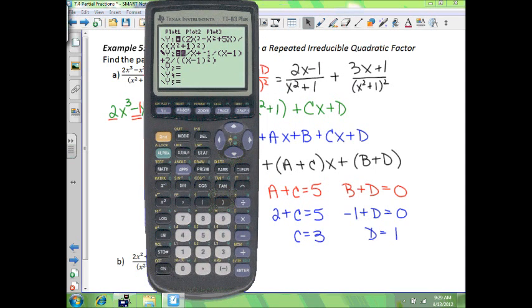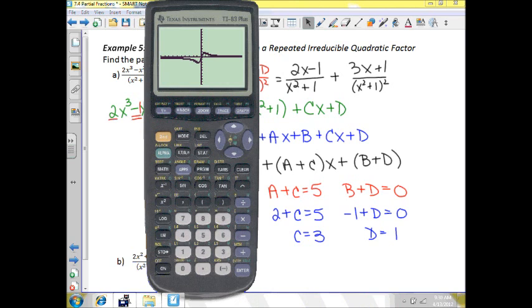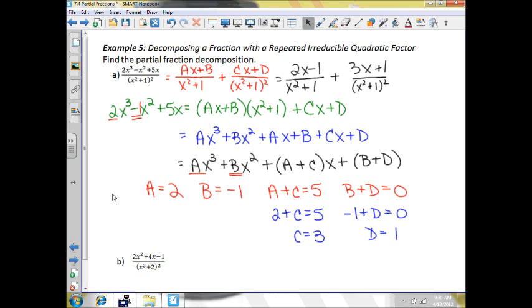Now our second equation, we'll have 2x minus 1 divided by x squared plus 1 plus 3x plus 1. This should work out. There you have it. Those two equations are exactly the same thing. So there's your partial fraction decomposition.